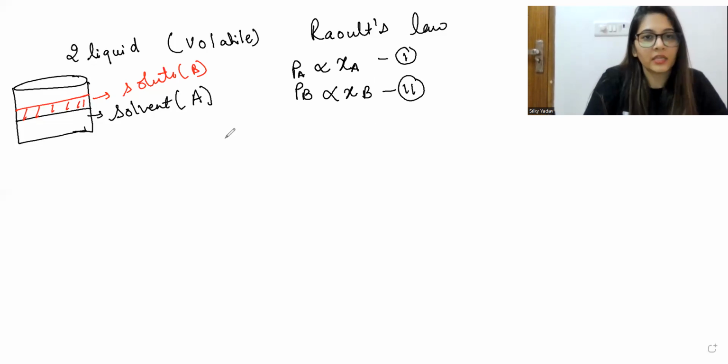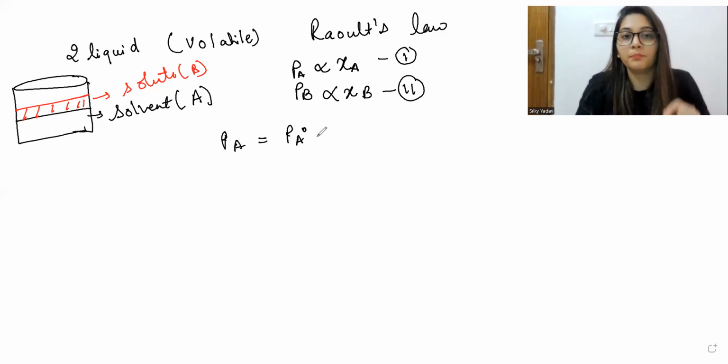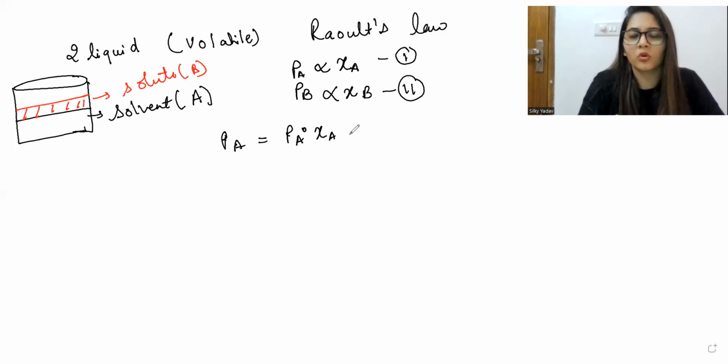If I properly write this, PA equals PA naught XA. That means if only solvent is there, what will be the pressure if no solute is there? That is represented by PA naught. XA is the mole fraction. Now the second one will be PB equals PB naught XB, right?